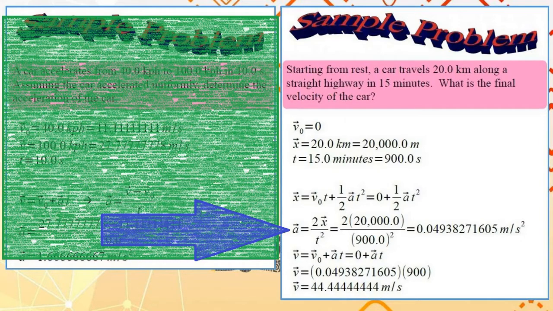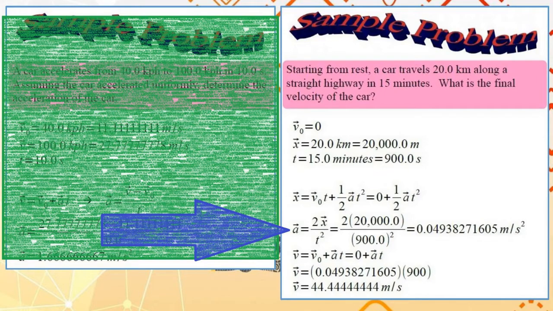And depending on the situation of the problem, you will either have to differentiate the equation or integrate the equation. But here in this problem, no equation is provided. That means the object is not undergoing non-uniform acceleration. Rather, the object is undergoing uniform acceleration.